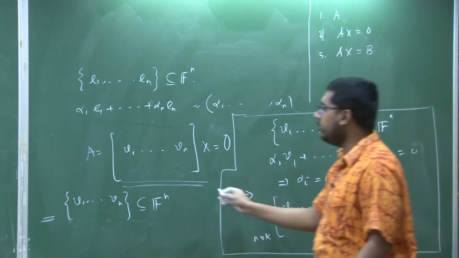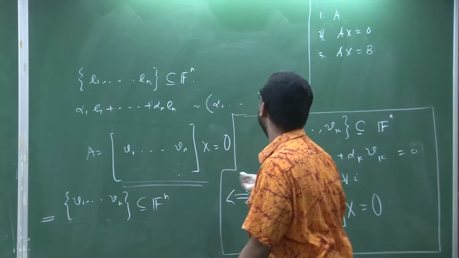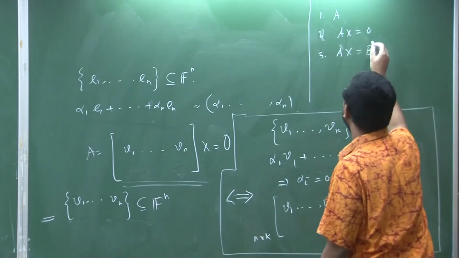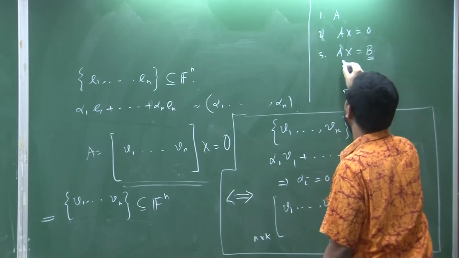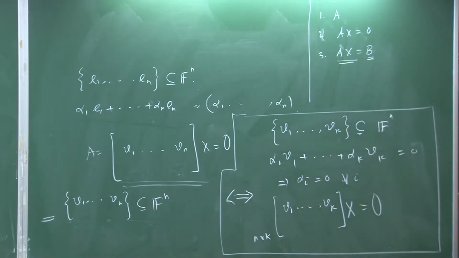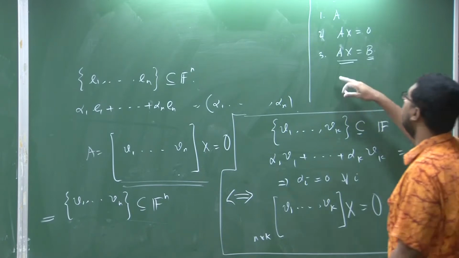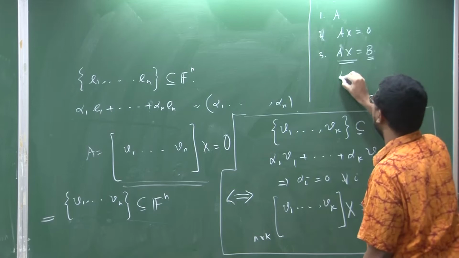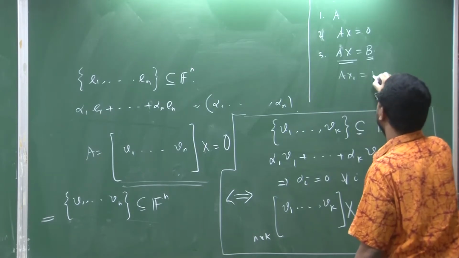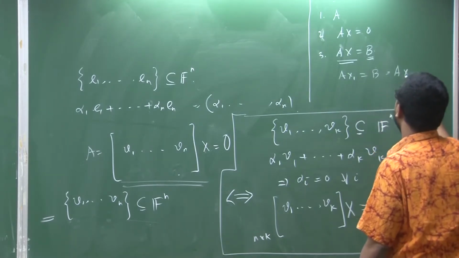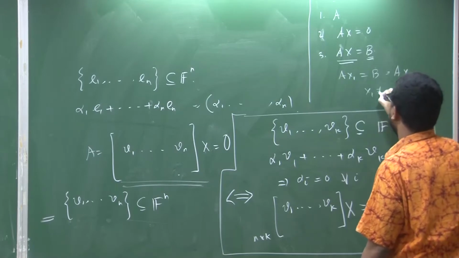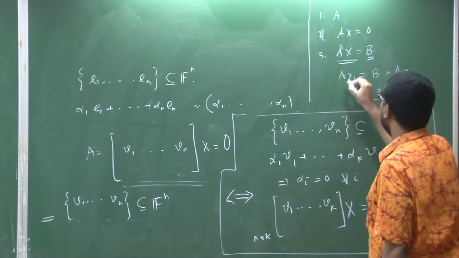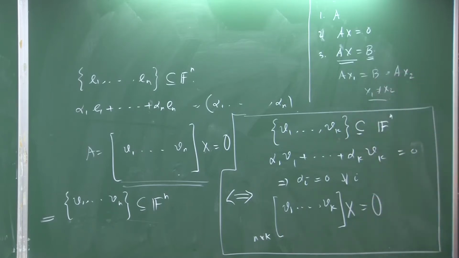So, the question that remains open here: suppose this A is not invertible, that means there can be some b for which either the system does not have a solution, or the system will have two different solutions, Ax1 equal to b equal to Ax2, where x1 is not equal to x2. So, either no solution or two solutions.